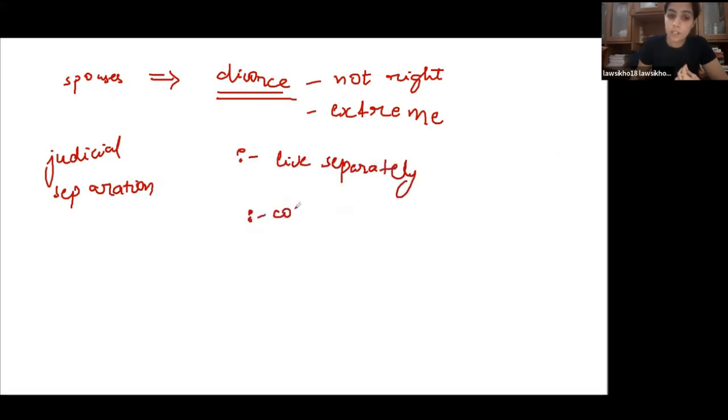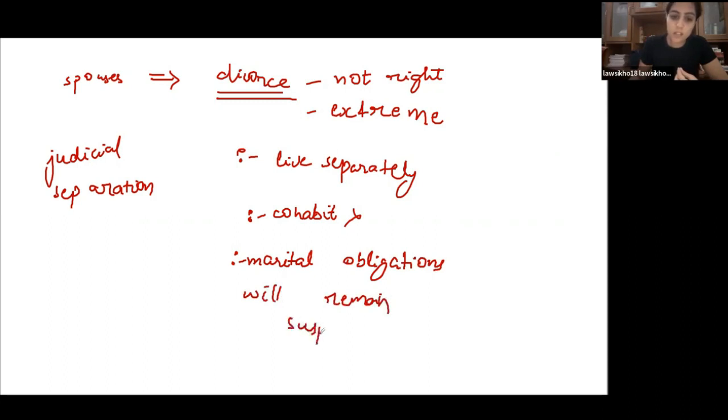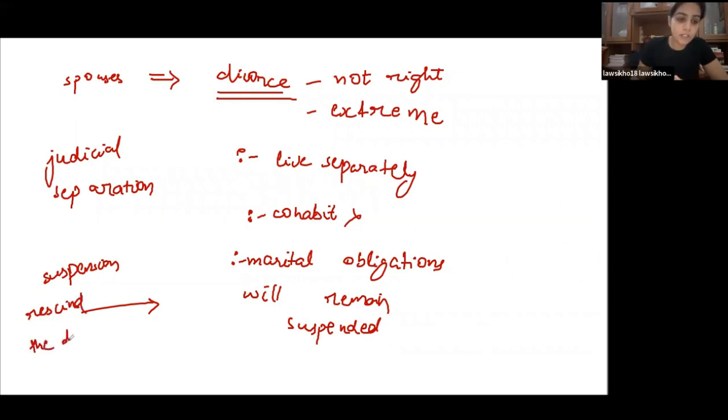We will not cohabit with each other, and all our marital obligations will remain suspended. During this time, we'll figure out whether we can live together. If we can, we'll approach the court again and ask you to rescind the decree of judicial separation so that we start living together again.